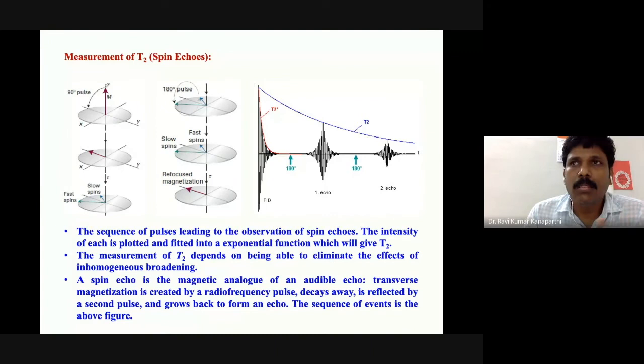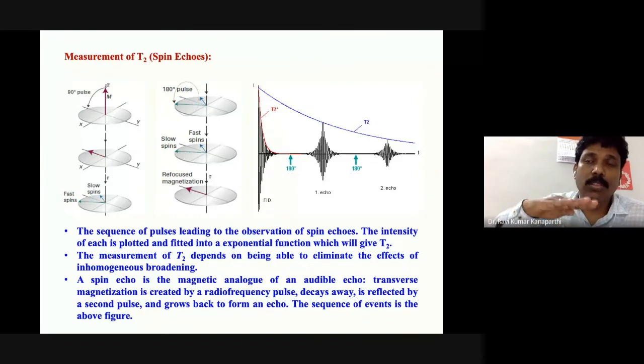Once you apply the 90-degree pulse, it starts rotating in the xy plane. Now what happens? Initially they will be rotating as a bunch. But after a certain time, because of the inherent property and also because of the magnetic inhomogeneity, certain spins will precess a little faster, and certain spins precess at a slightly slower rate compared to the other ones.